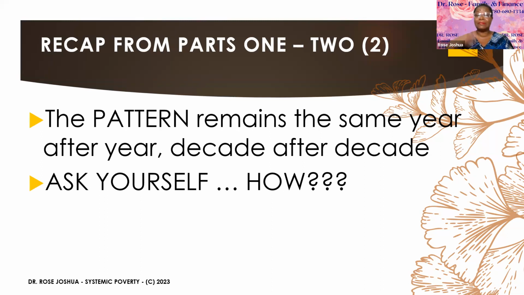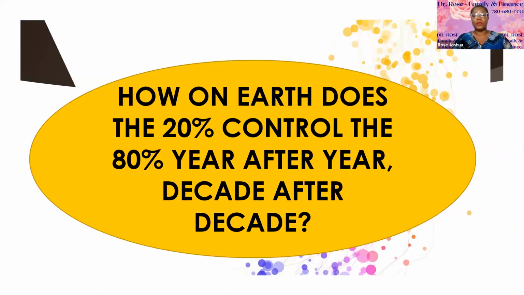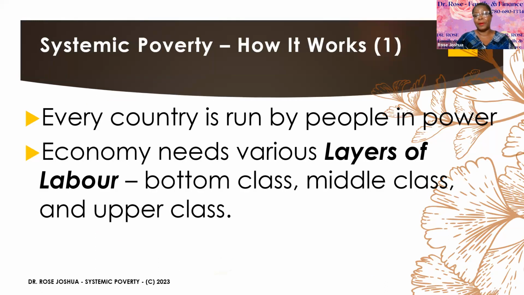And that pattern remains and is repeated year after year, decade after decade. And the question is, how is it happening that it is so stable like that? What is going on, right? And so how does 20% of the people control 80% of the economy year after year after year? And what are the 80% doing about it?